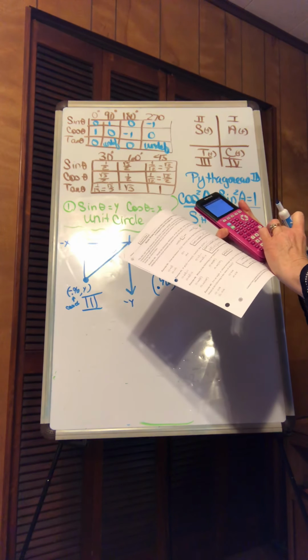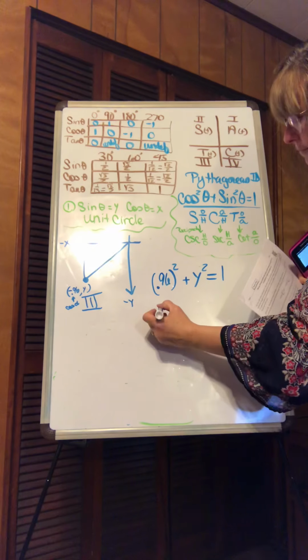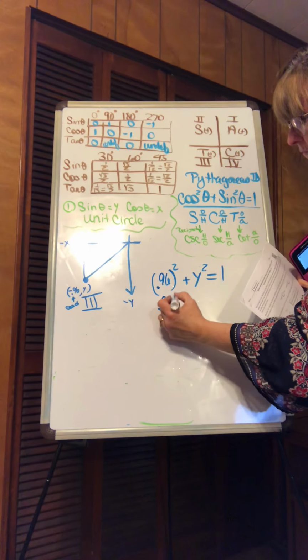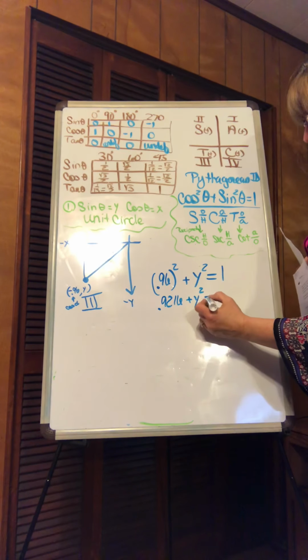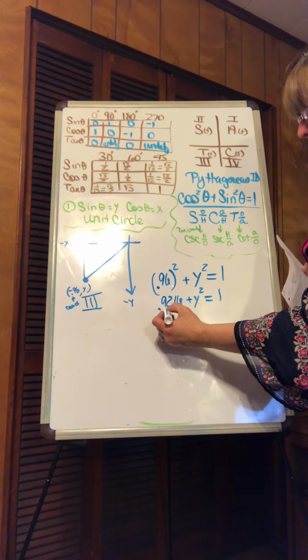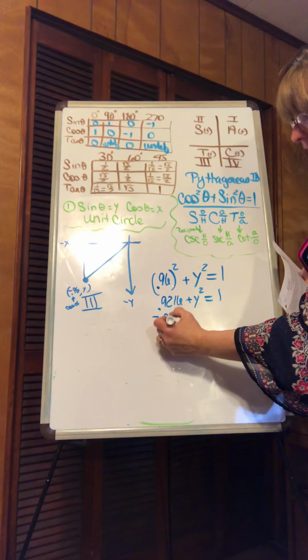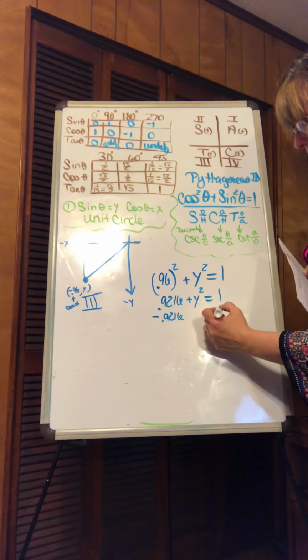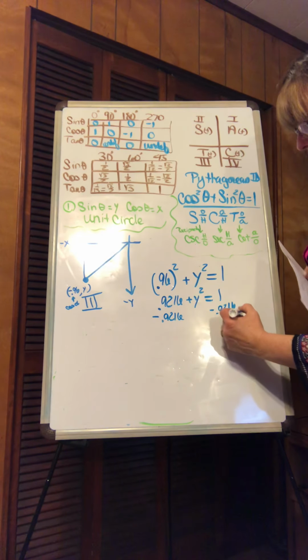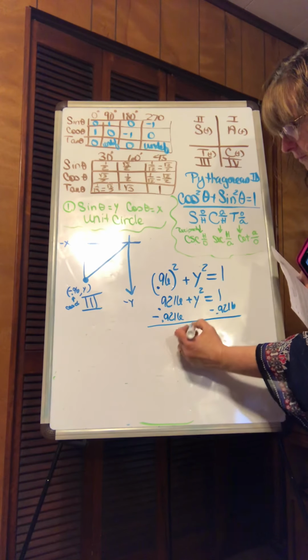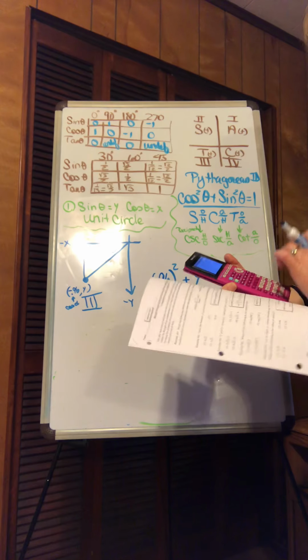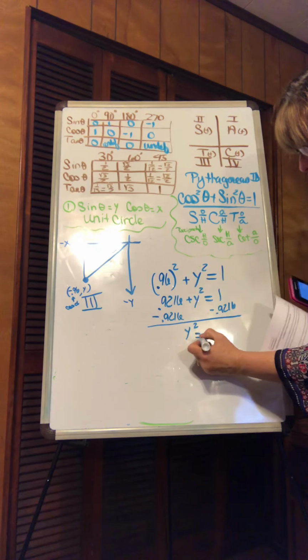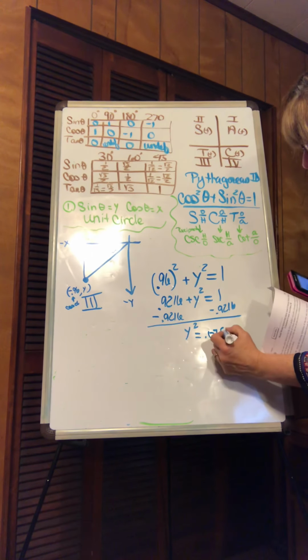I get 0.9216. Plus my y coordinate, my sine squared, equals 1. So now I'm going to subtract my 0.9216. So 1 minus that answer gives me 0.0784.